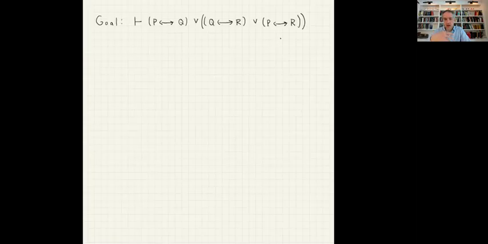I know that I'm not going to be able to prove any of those individual disjuncts because they're not tautologies. The big sentence is a tautology, the individual disjuncts are not. Okay, so I'm going to try a reductio ad absurdum strategy. So I'm going to go ahead and assume the negation of that whole big thing. I'm going to use square brackets just to keep my head clear as I proceed here. It's no different in principle from the rounded brackets. So this is my assumption for reductio ad absurdum.